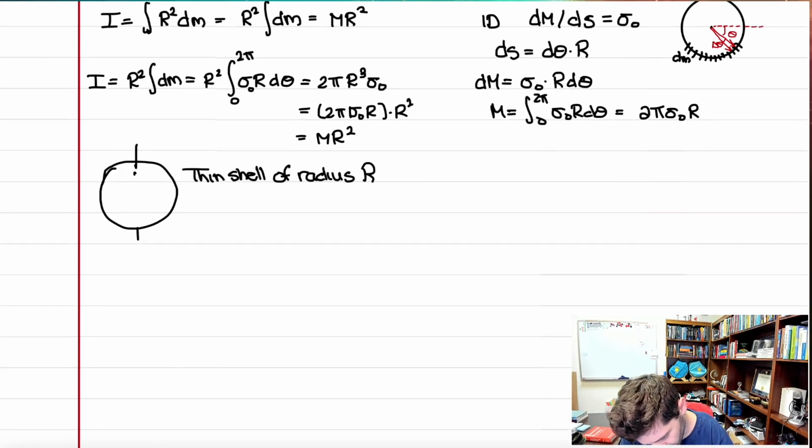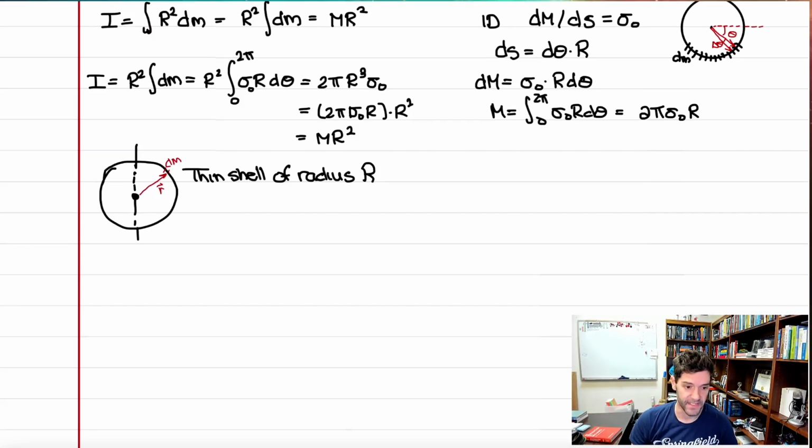And I'll put the origin at the center of mass. So every little mass element, there's some general position vector r that reaches out to the shell. It's a hollow shell that has some little dm over it. And it has a uniform mass density.